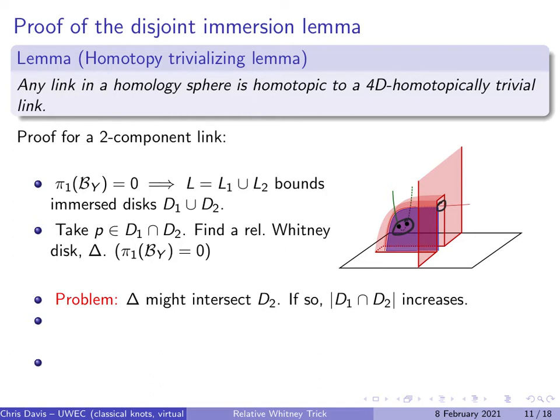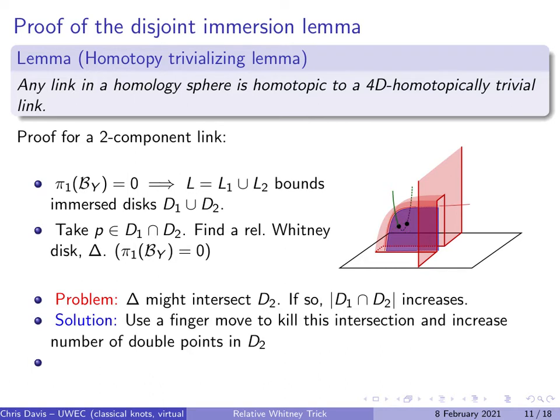So the number of intersection points between D1 and D2 will actually increase, which would mean that this procedure is taking me further away from finding disjoint immersed disks. So I need to show you how to remove these points of intersection between the relative Whitney disk delta and the immersed disk D2. And that move is going to be a finger move.